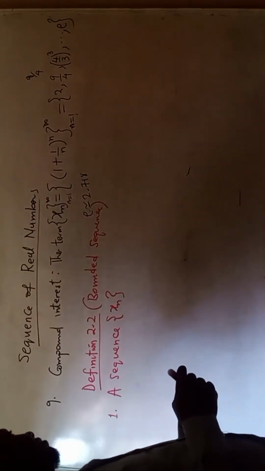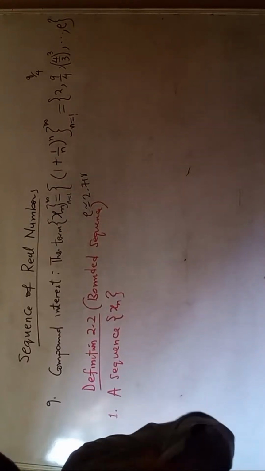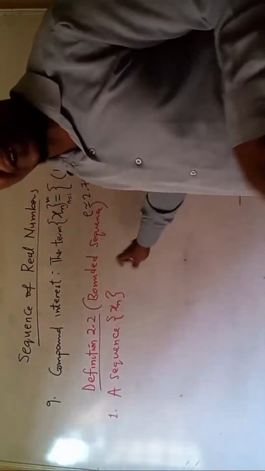So the sequence xn, like I'm saying, when we say sequence xn, it means any sequence at all. Whatever sequence one can ever think of, the sequence we are referring to here.